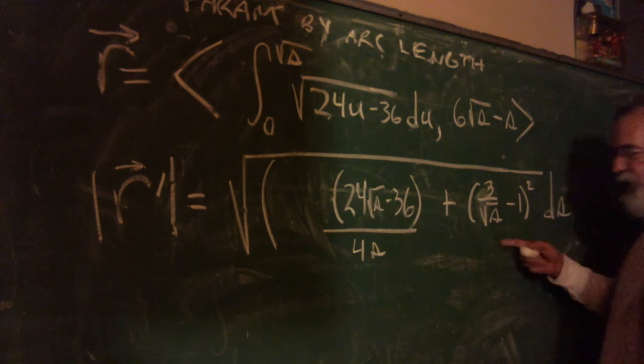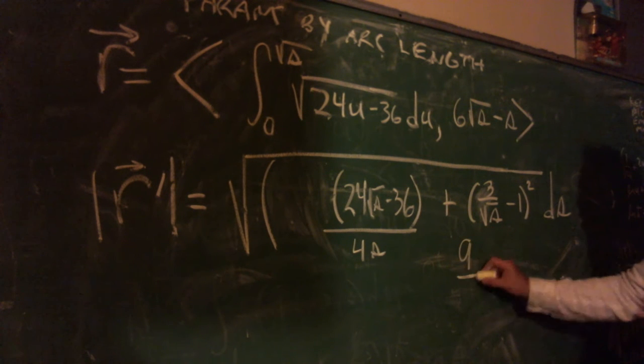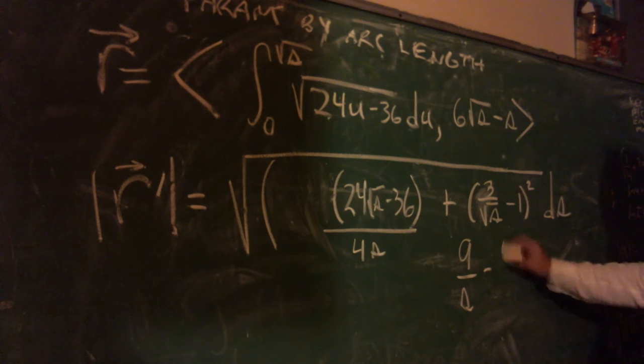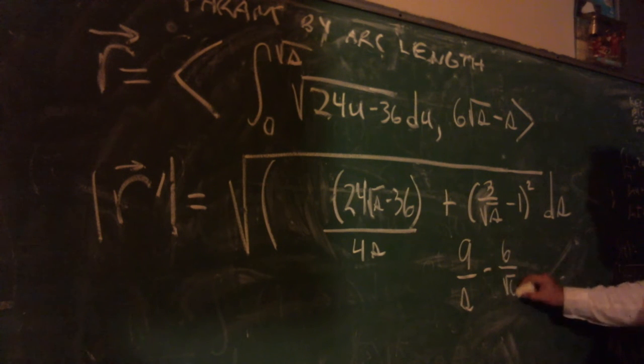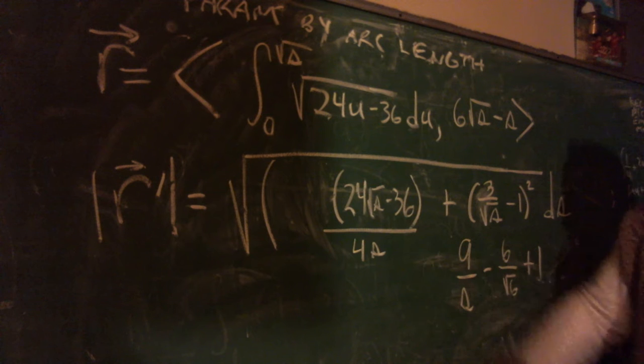I got to square this thing out. So let's square this out. I'm going to get a 9 over s minus 6 over square root of s plus 1. So that's what this turns into. Now let's see what this boils down to.